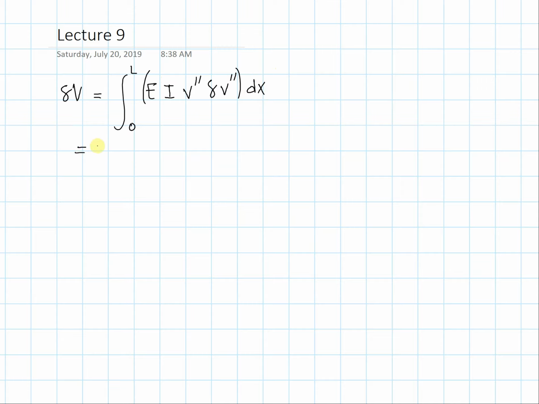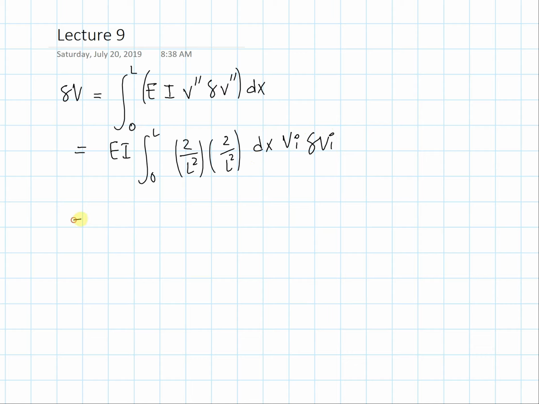Now again, we plug and play. We pull the EI out. L 0. We got 2L squared. We got another 2L squared that we're multiplying together, and we got the dx's, and then the VI and delta VI.